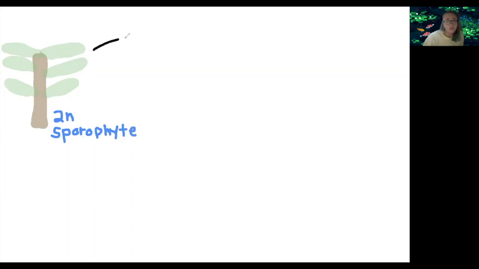Has a stem, has leaves, and this is a 2N. So let's say this is a monoecious species. It's going to produce megasporangia and microsporangia cones via mitosis. Let's start with the megasporangia cone.